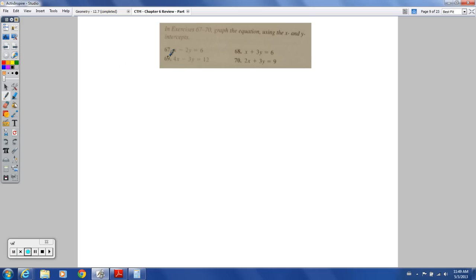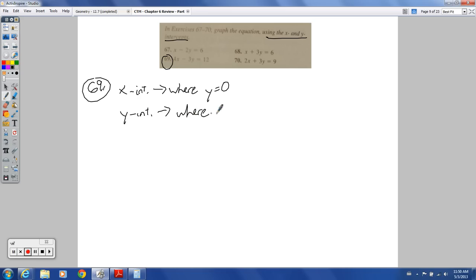Let's check out number 69 now. We have 4x minus 3y equals 12. It says using the x and y intercepts. So that method, that's when we are saying for the x-intercepts, that's where y equals 0. And for the y-intercepts, that's where x equals 0.